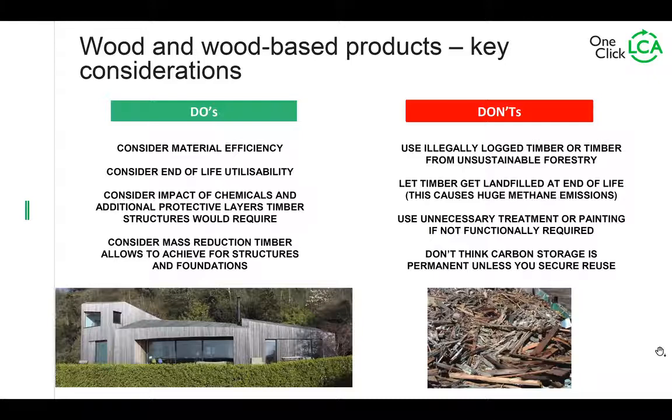Wood and wood-based products. They come from nature. The carbon sink, or let's say carbon storage, has been created in what's called the biosphere in the LCA sense, right? And it moves to the technosphere when the wood is cut. So when the tree falls in the forest, even if nobody hears, we create a nominal carbon storage.